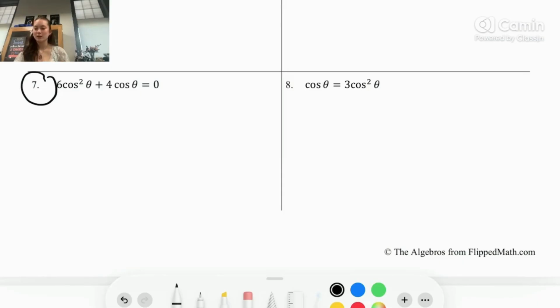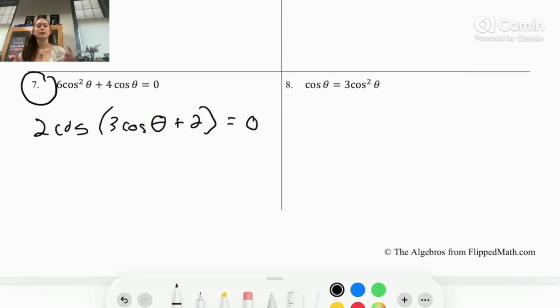You would start the process by taking out a 2 cosine, because they both have cosine in them and they can both be divided by 2. So you would take out 2 cosine and it would get you 3 cosine plus 2 equals 0.